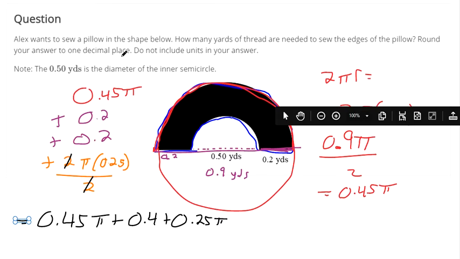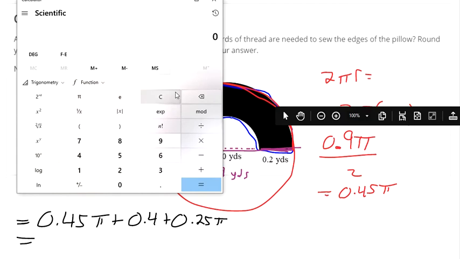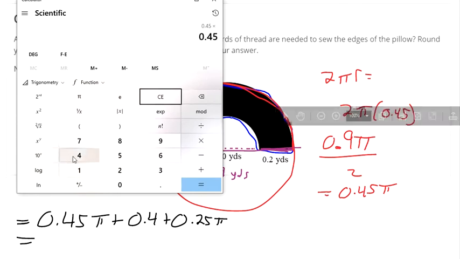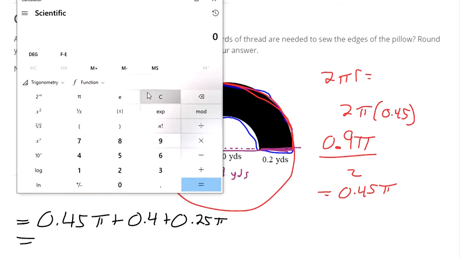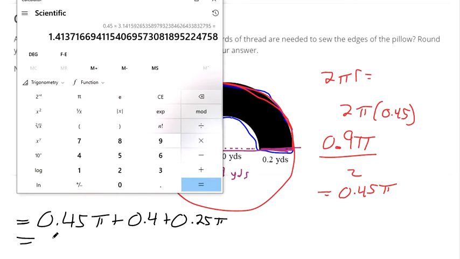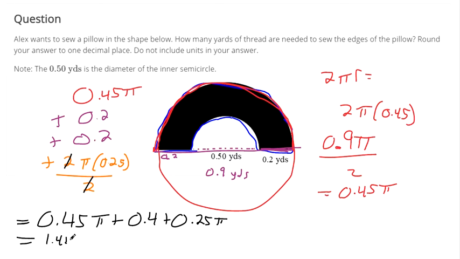Let's see, round your answer to 1 decimal place. So we can do this all in our calculator. 0.45 times pi plus 0.4 plus, actually let's stop there. I'm going to convert 0.45 times pi first, just so I don't miss anything. I'll say 1.414.